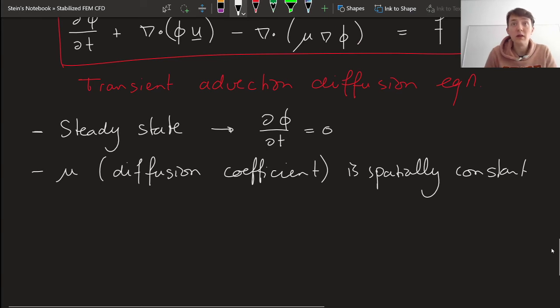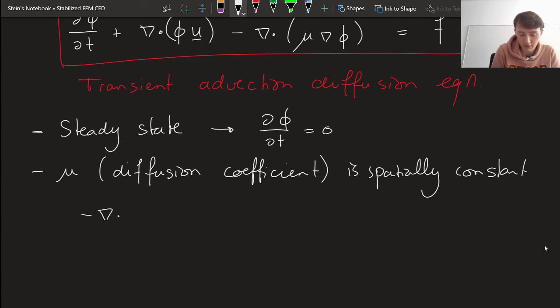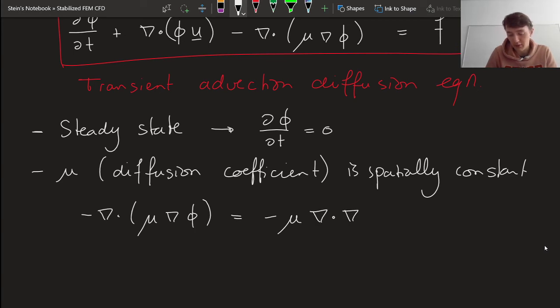That's going to mean that minus the divergence of mu times the gradient of phi, I can pull out this mu because there's no spatial derivatives here. So it's going to be equal to minus mu times the divergence of the gradient of phi. And by shorthand notation, we actually typically write this as minus mu times the Laplace operator. So this is completely equivalent. These are definitions.